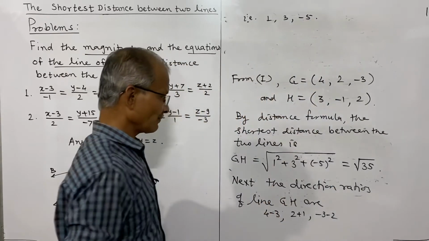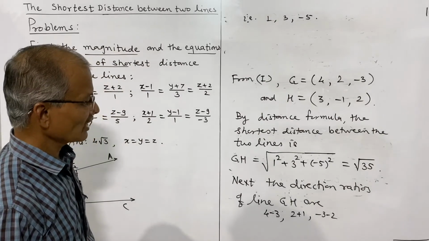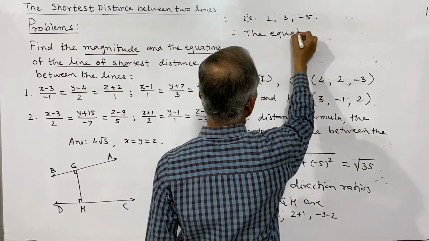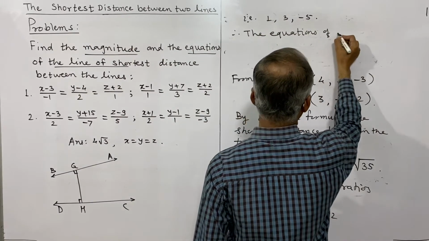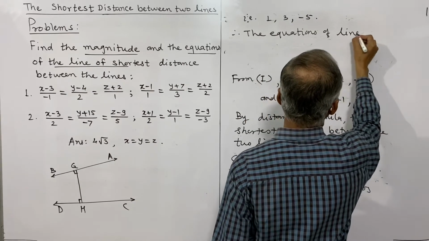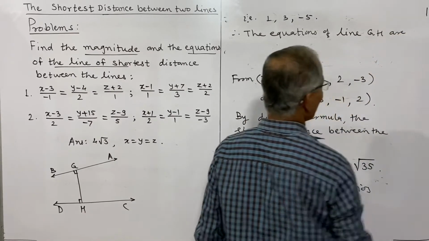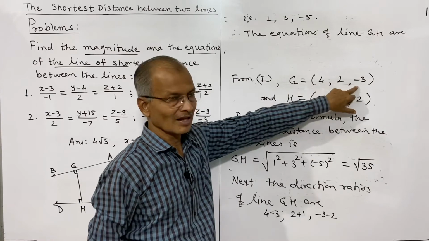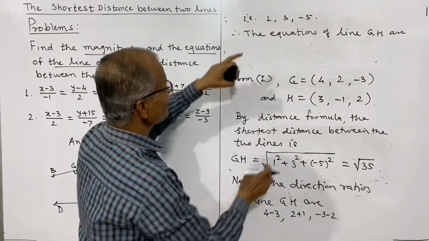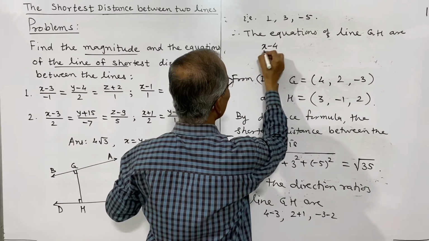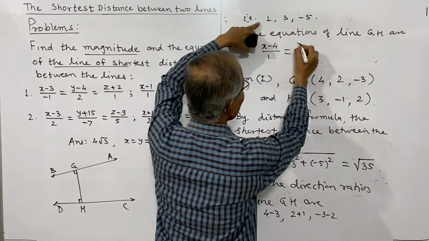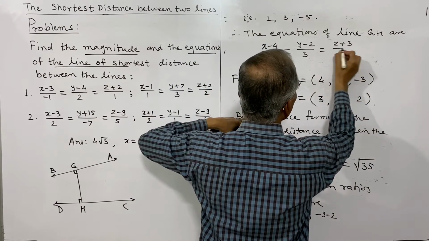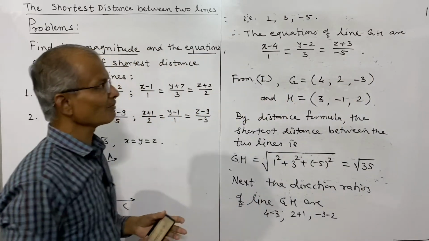The equations of the shortest distance line GH, using point and direction, are x minus 4 divided by 1 equals y minus 2 divided by 3 equals z plus 3 divided by minus 5. These are the equations of line GH.